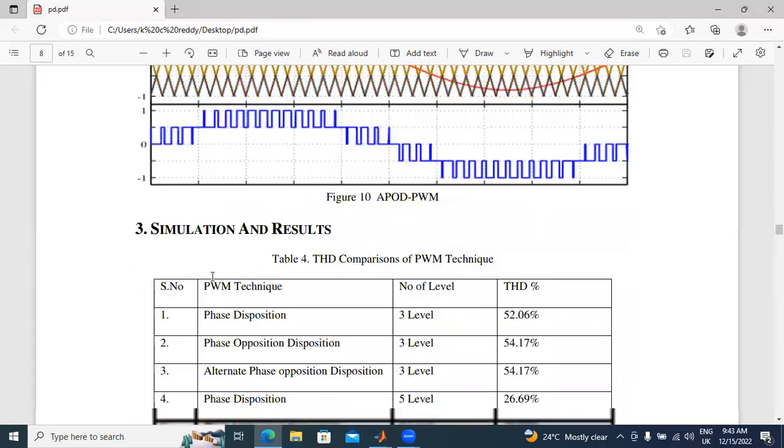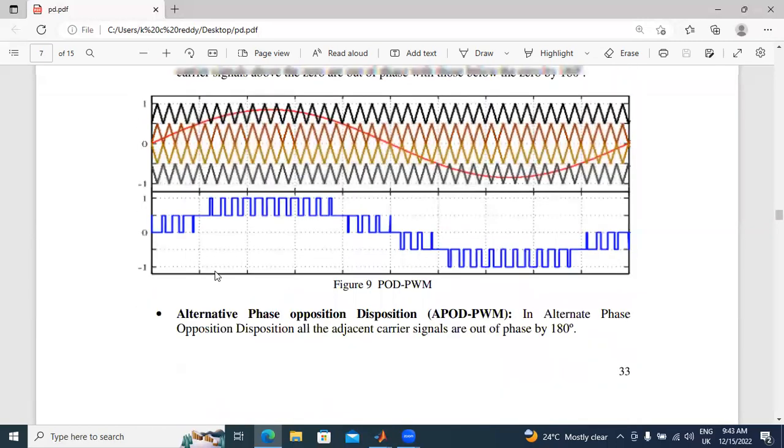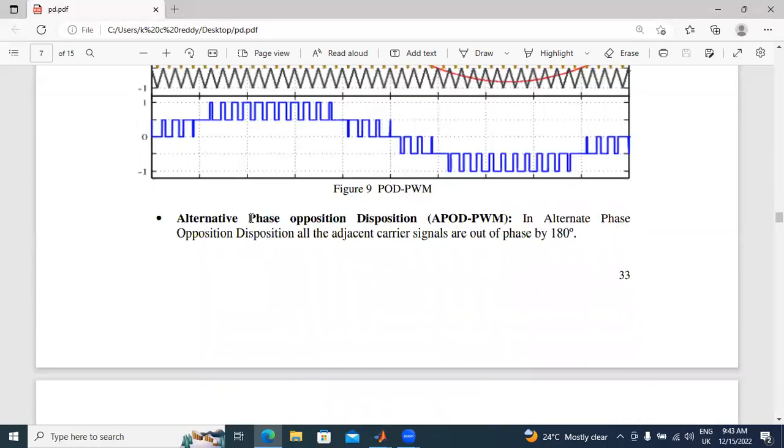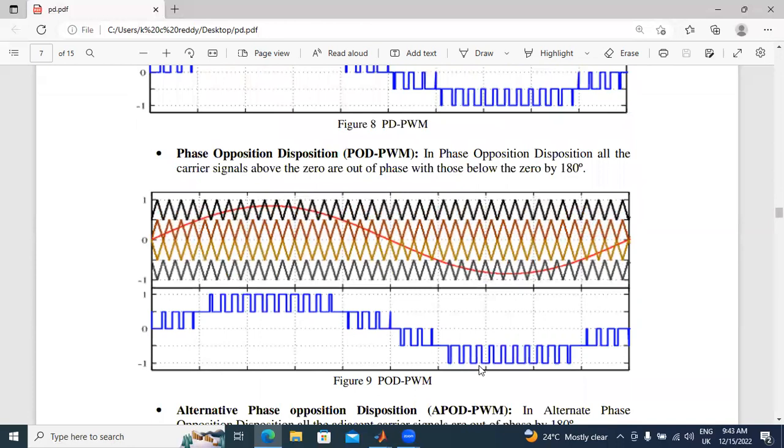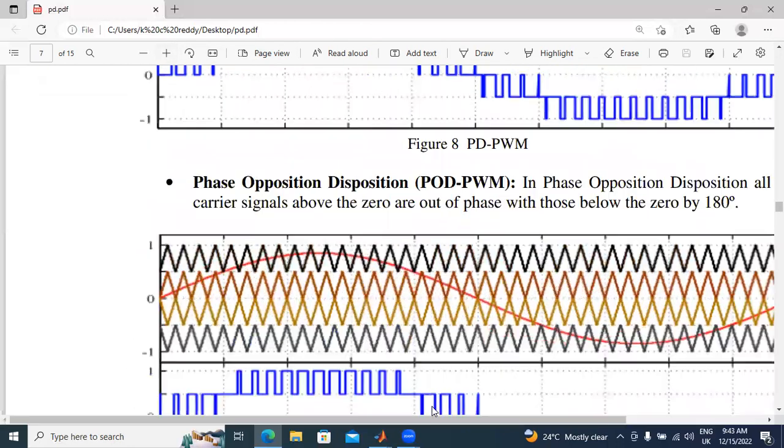Now I will design this alternate phase opposite disposition PWM technique in MATLAB Simulink software. Now I will design this circuit.